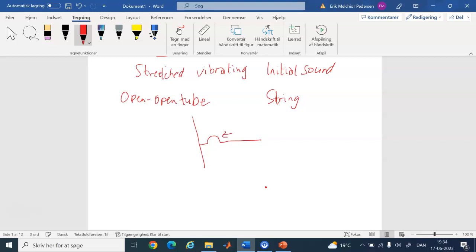This pulse here hits the wall, and then it changes its phase, and then comes back here and turns the other way, this way, and further this way.